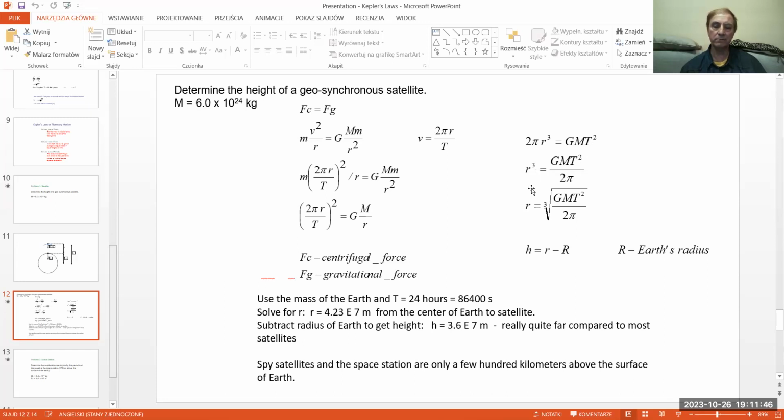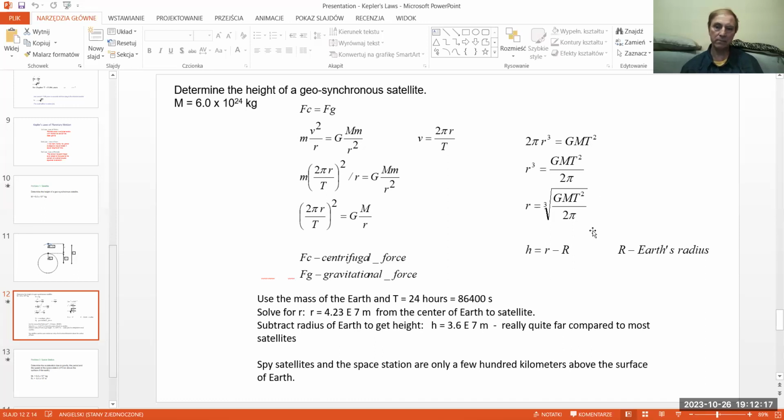Then extract the cube root from both sides, which gives us the radius r, or the distance rather, which is the sum of the Earth radius and the height at which the satellite is located. So the final formula for r, lowercase letter r, is this.